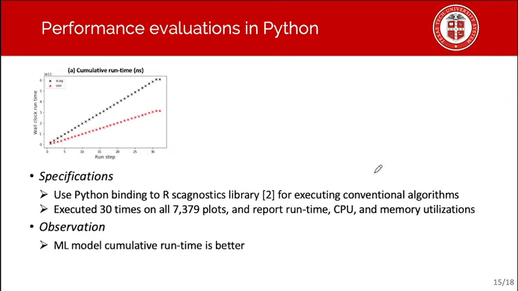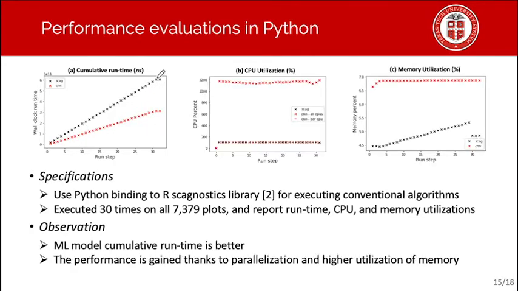It is observable that the machine learning models' cumulative runtime is better than the conventional approach. Also, it's worth noting that the performance gains come thanks to high CPU utilization due to parallelization. That's why you can see even 1,200% CPU utilization over here due to using multiple cores. It also uses a much higher percentage of memory.